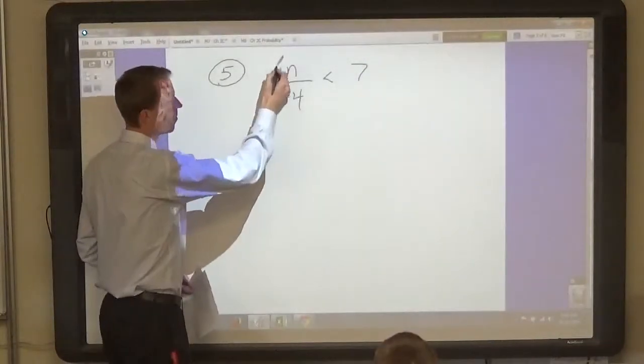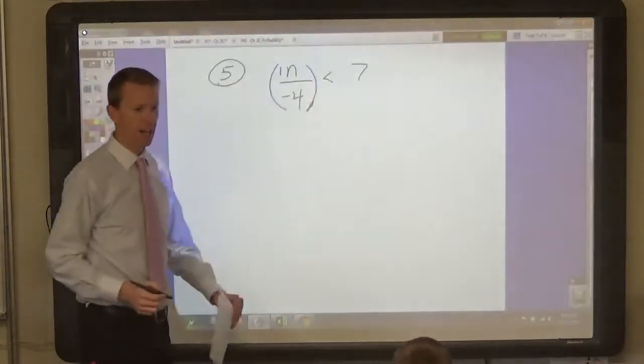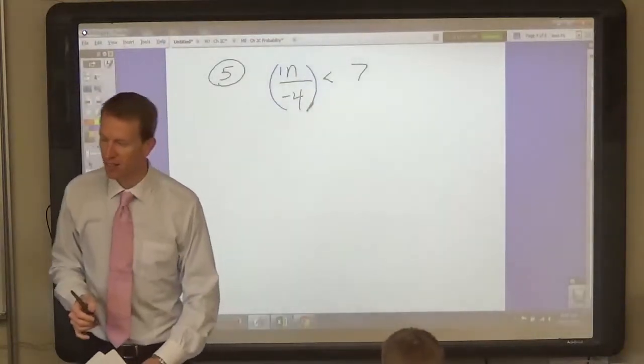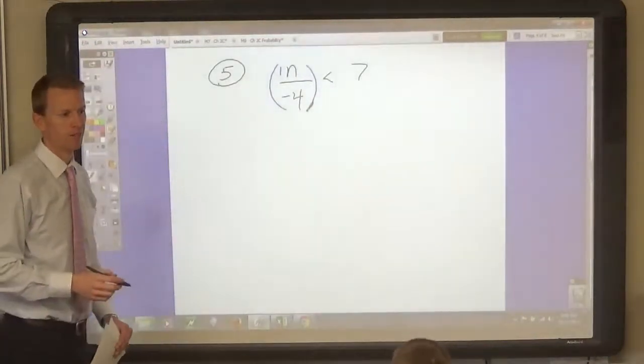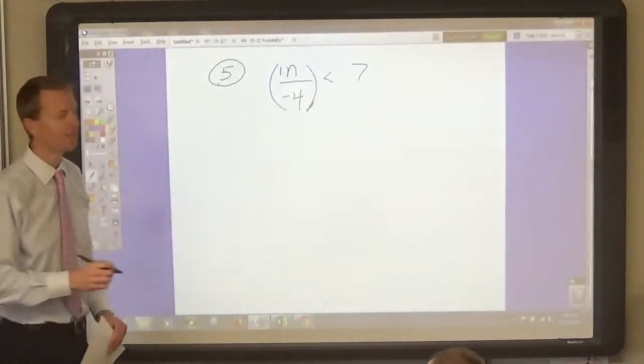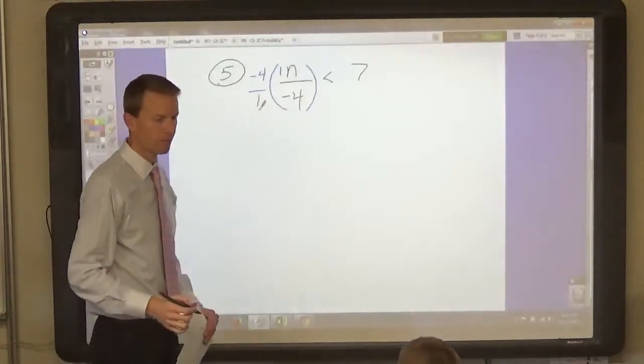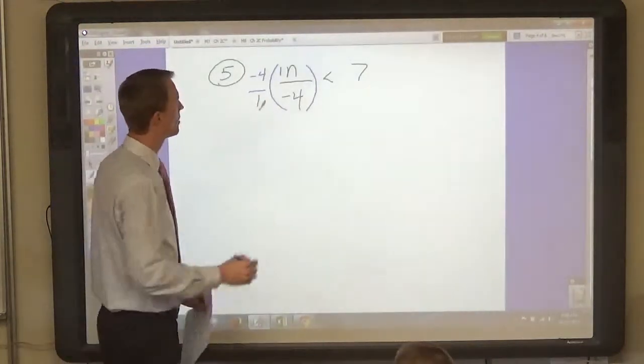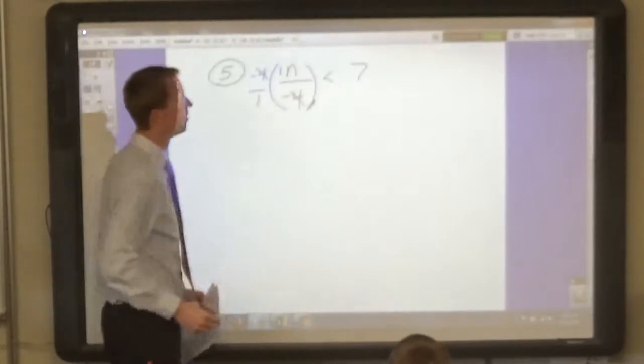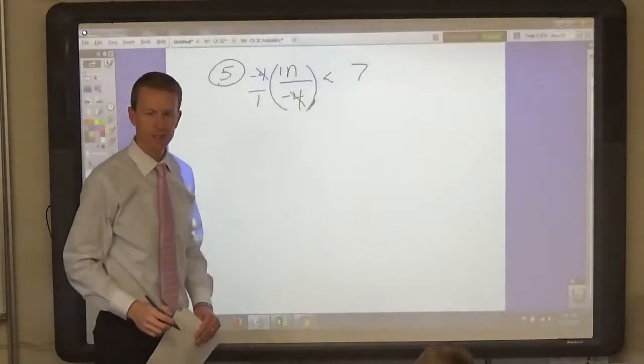Now, we have to multiply by the reciprocal of that. Good. -4 over 1. Cross off the -4s. Is the coefficient negative?